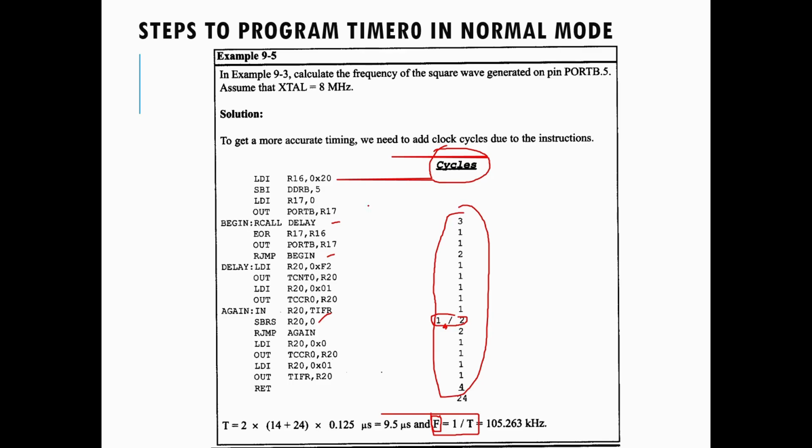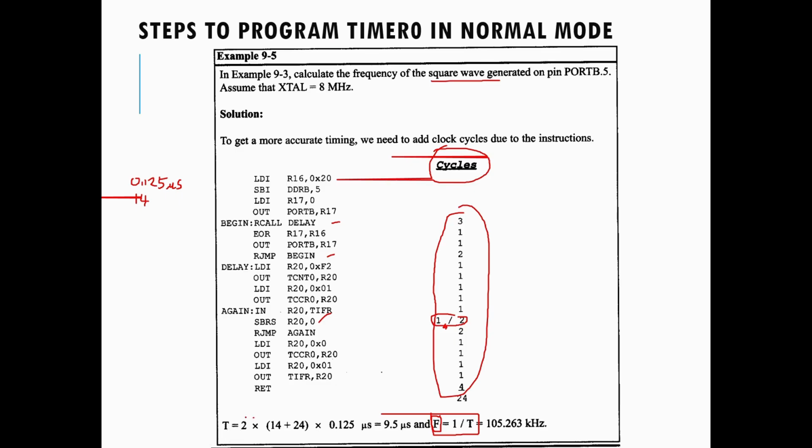We already have the initial value from the previous slide: the count is 14 and the time per tick is 0.125 microsecond. Here it wants a square wave, meaning it wants the complete period, and the value we got previously is only half of it.